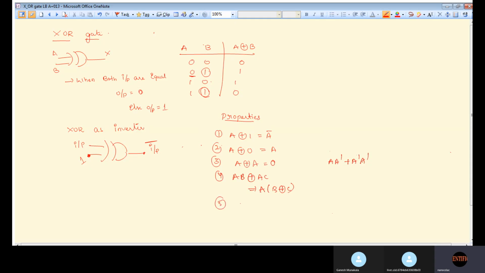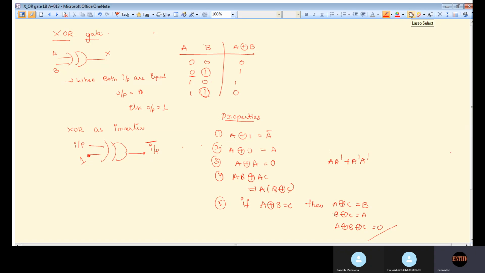Fifth property is if A XOR B is equal to C, then we can write A XOR C is equal to B, and B XOR C is equal to A, and A XOR B XOR C is equal to 0. So these are the properties of the XOR gate, the exclusive OR gate. Clear?